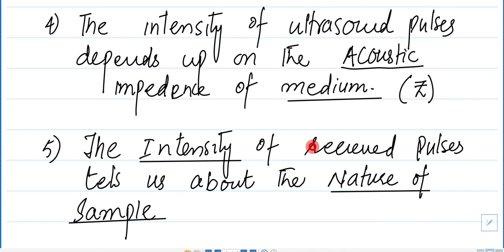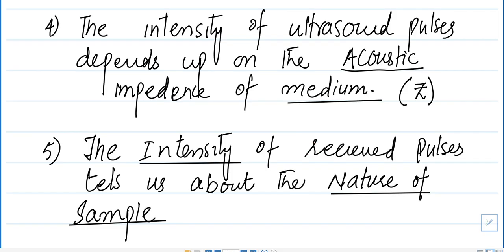Now fourth and fifth is basically the quantitative analysis: the intensity of the ultrasound pulses depends upon the acoustic impedance of the medium and the nature of the interface. The intensity of the received pulses tells us about the nature of the sample.